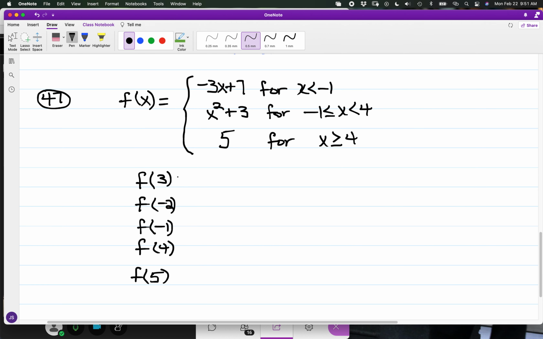For each of the inputs, what's in parentheses is in reference to x. Now for f of 3, if you look at plugging in 3 for x, is 3 less than negative 1? That is not a true statement. Now for 3 for x, negative 1 is less than or equal to 3, yes, and in turn 3 is less than 4.